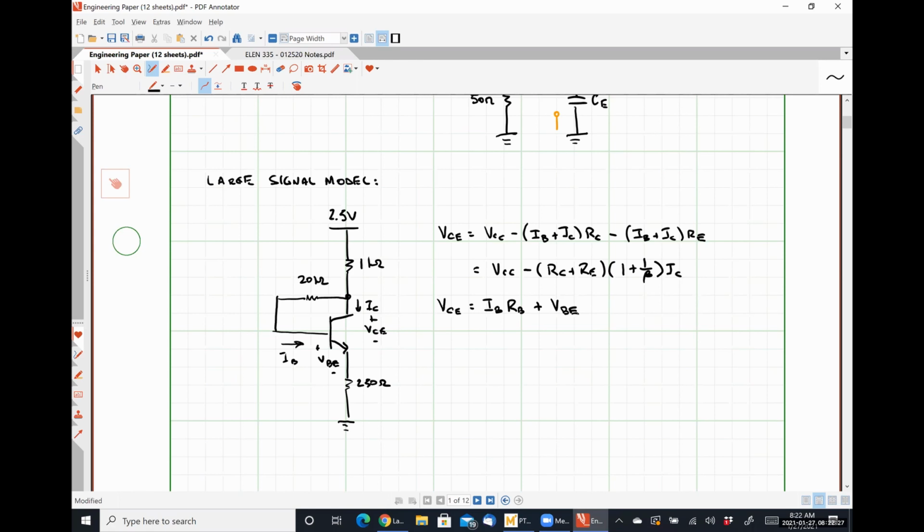Anybody have any questions, comments, concerns about that particular guy? I'm going to rewrite this one, expressing my base current as IC divided by beta, which gives me then RB over beta times IC. That does not look like a good C.